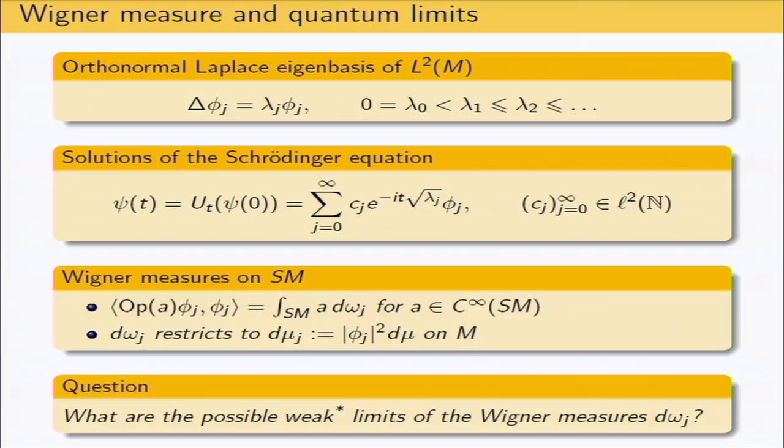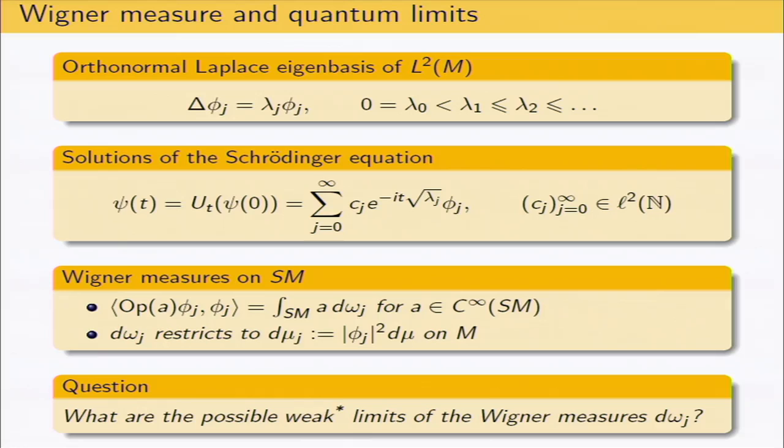And at this point, we can introduce certain very important probability measures, the so-called Wigner measures omega j on phase space. Namely, because I chose my quantization to be positive, this scalar product is a non-negative linear operator on the space of smooth functions, so on the space of classical observables.